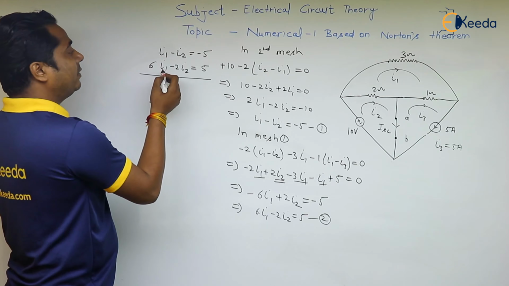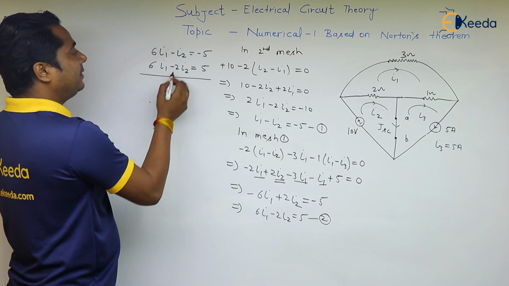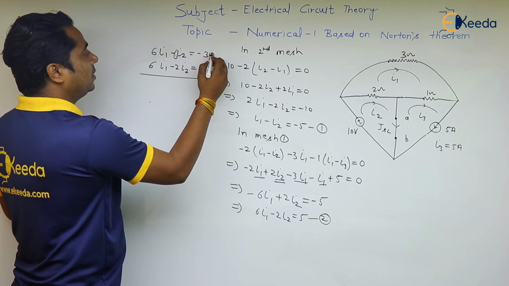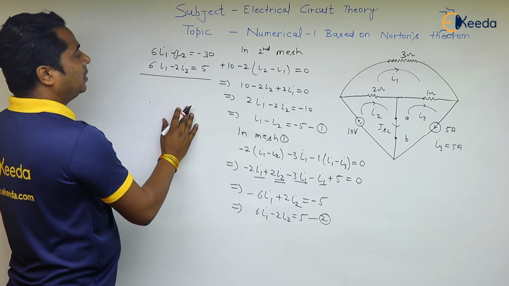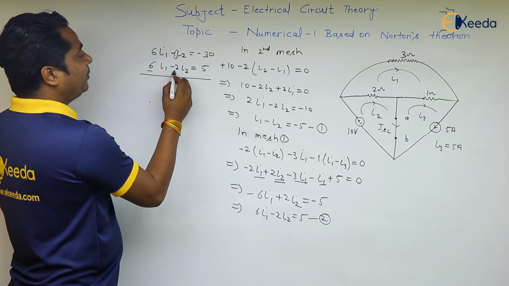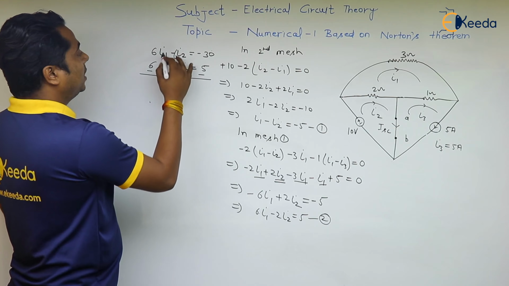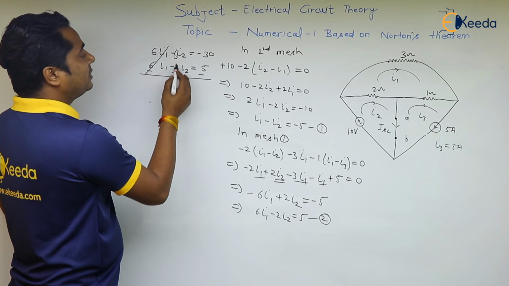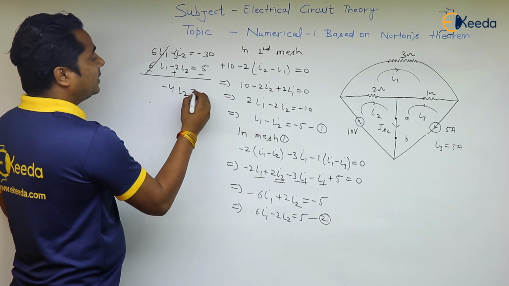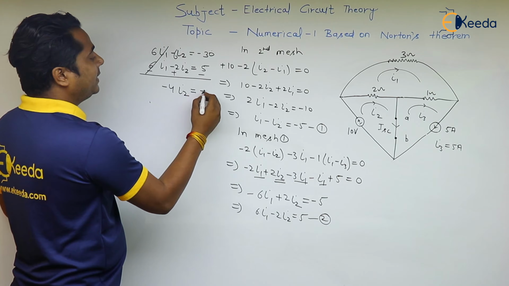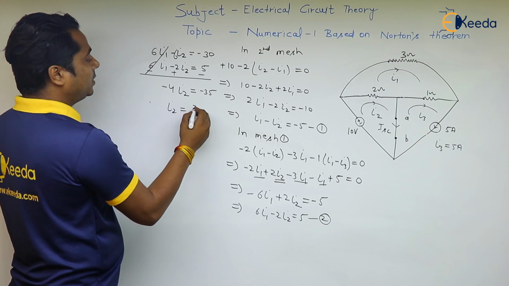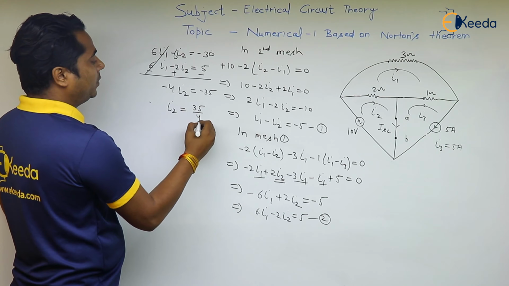Multiplying equation 1 by 6, 6I1 minus 6I2 is equal to minus 30, and subtracting, this cancels out, and this is going to be minus 4I2 equal to minus 35. So the value of I2 is equal to 35 by 4.